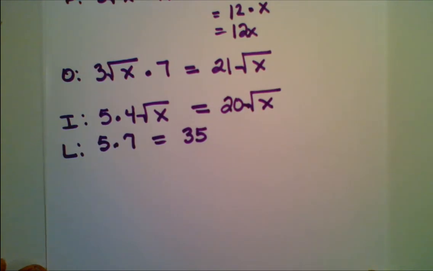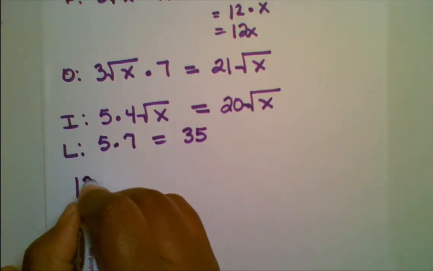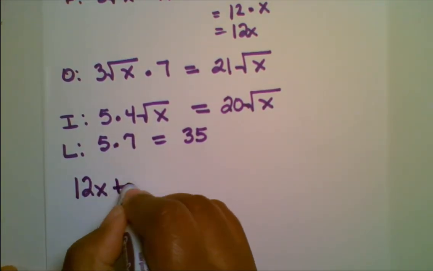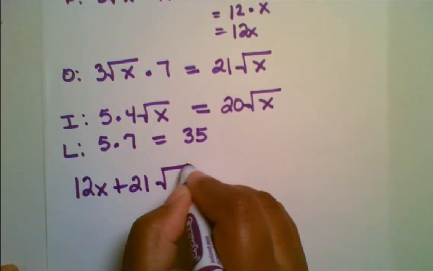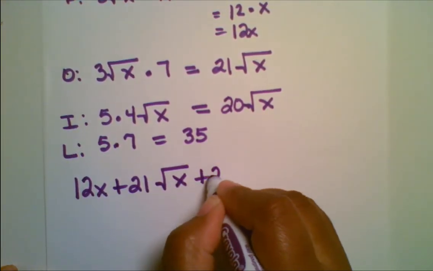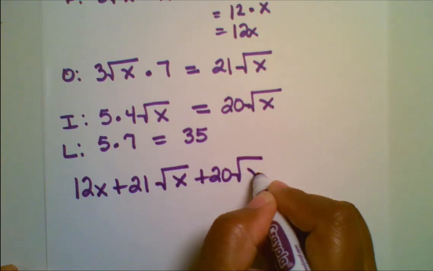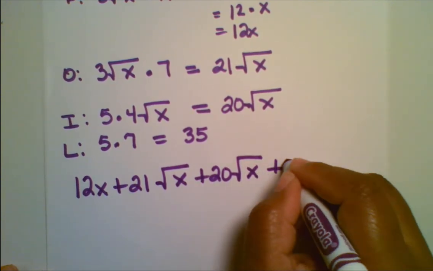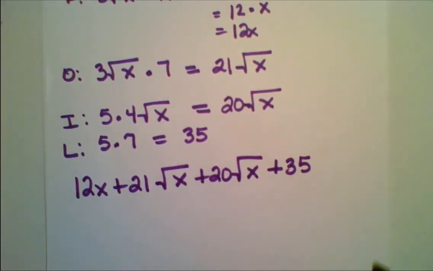Now let's bring together our parts. We have 12x plus 21 square root of x plus 20 square root of x plus 35. Look and see if you have any like terms, and then look to see if you have any like radicals.